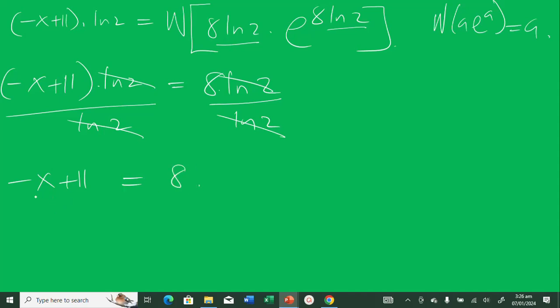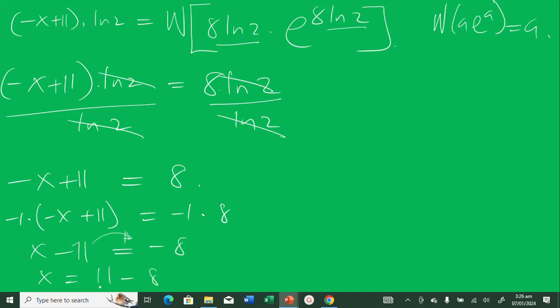Now, if you multiply all through by minus 1, you have minus 1 times minus x plus 11 equal to minus 1 times 8. So you now have x minus 11 is equal to minus 8. So x is equal to 11 minus 8. When you move this minus 11 to this side, it becomes positive. So you now have 11 minus 8, which is equal to 3. So this is the final answer.